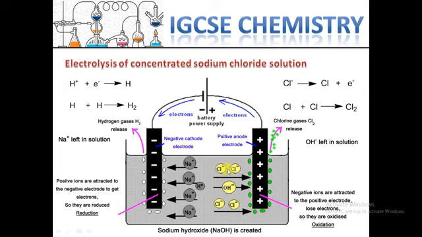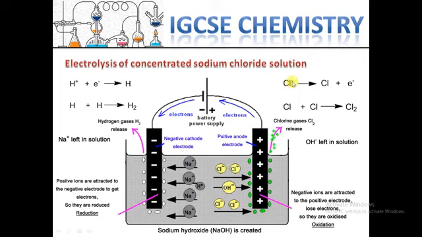The anode can get electrons from the anions, the negative ions. Between hydroxide and chlorine, the chlorine can react with the positive anode and give electrons.